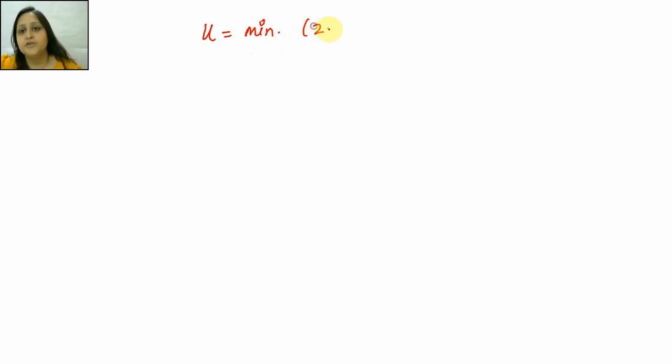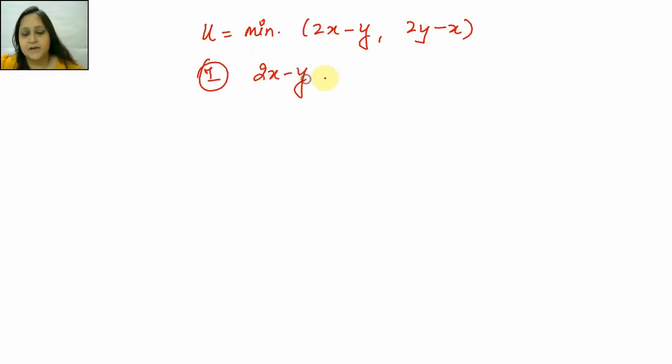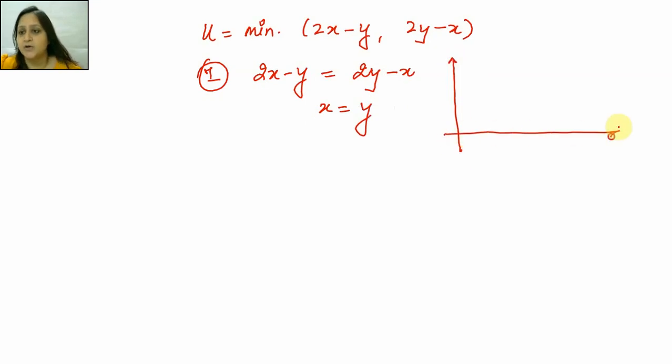मिनिमम ऑफ 2x minus y, 2y minus x. Very, very easy and very, very interesting. First, 2x minus y should be equal to 2y minus x, which means x is equal to y. So my kinks are lying on the 45-degree lines, है ना, where x is equal to y.